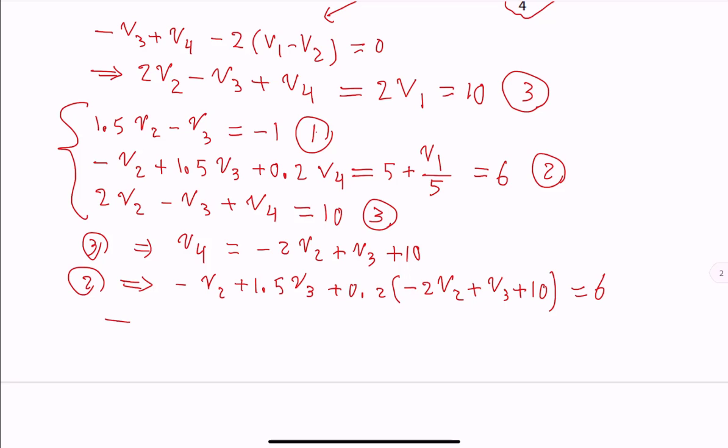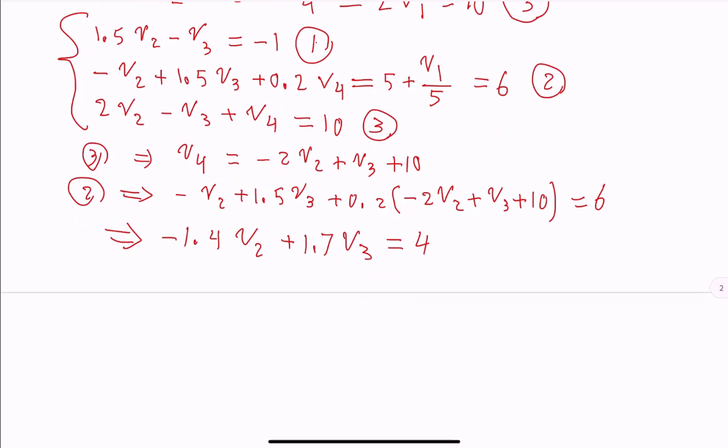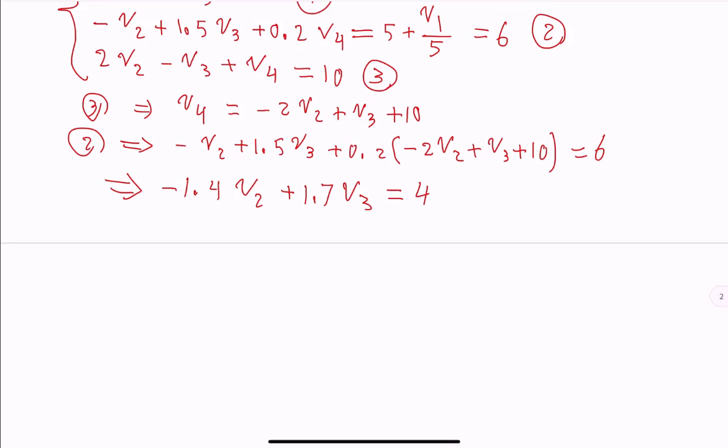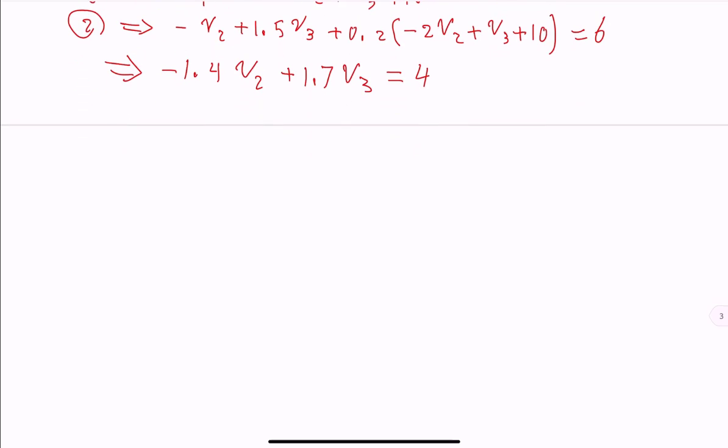Simplify that and we have negative 1.4 V2 plus 1.7 V3 equal to 4. So we have 2 equations, this last equation and also equation 1 in terms of V2 and V3. 2 equations, 2 unknowns. So let's solve that system.